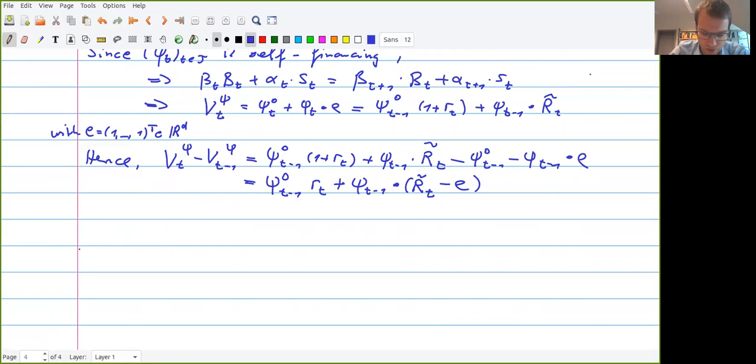So what do I learn from this? If I look at the value I have at time t, this is obviously equal to the amount I have at time t minus 1 and the difference. So this is a usual telescoping argument.